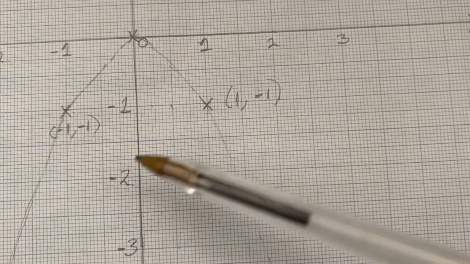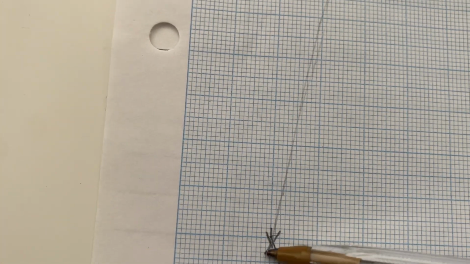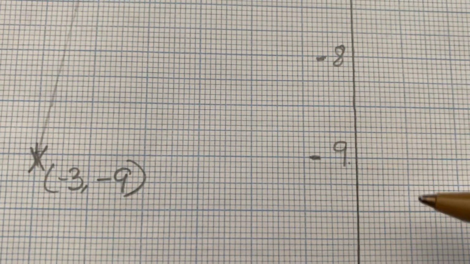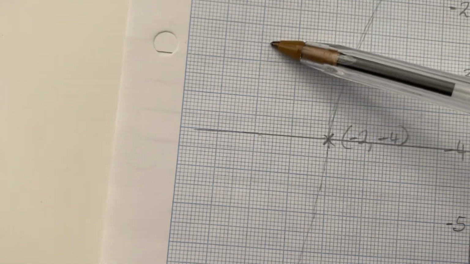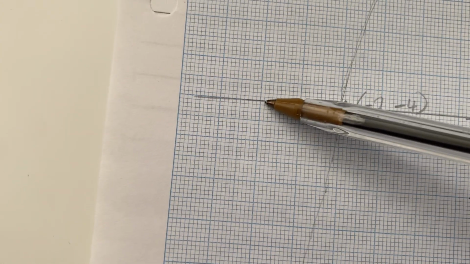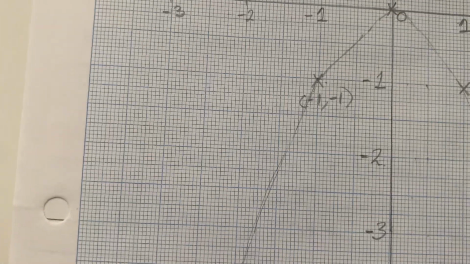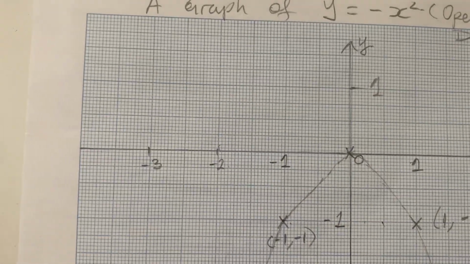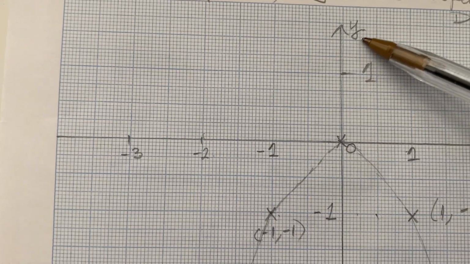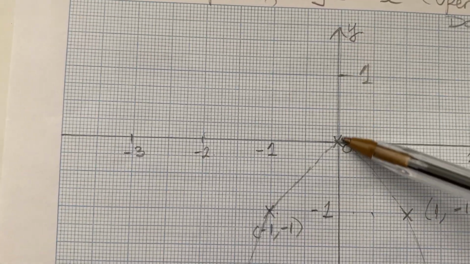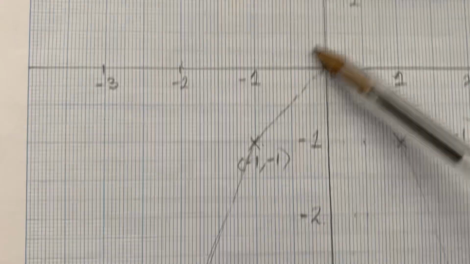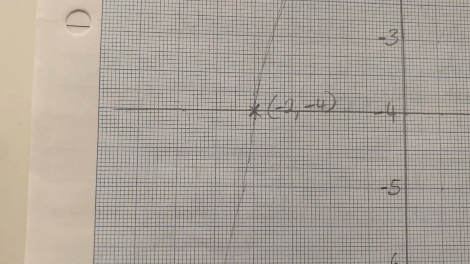Now -3 is -9, so that's -9. And then the x-axis is up here. So you can see the positive side of the y-axis is just there, because it's going to open downward.